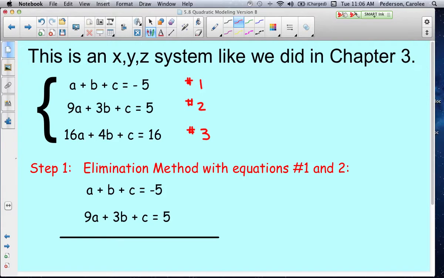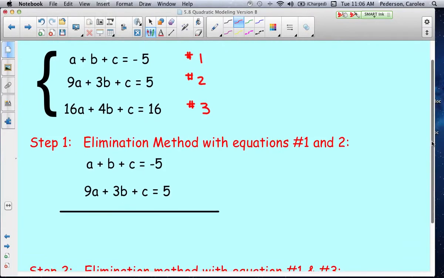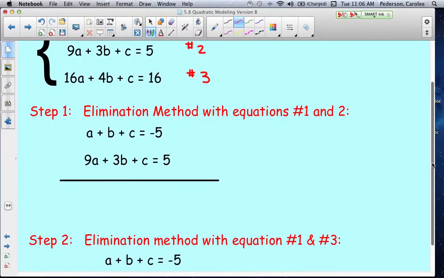So step 1, we're going to work with equation 1 and equation 2 in this system. And we're going to try to eliminate one of the variables. Well, it makes sense if I look at this set of two equations, it's probably best to eliminate the C. So I'm going to multiply one of the equations by a -1.